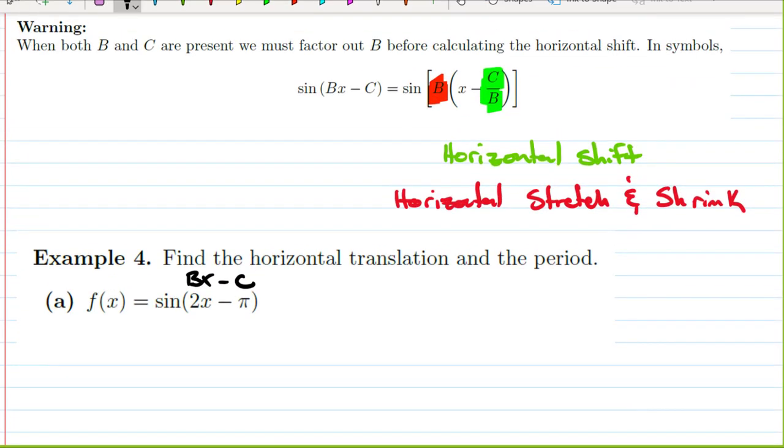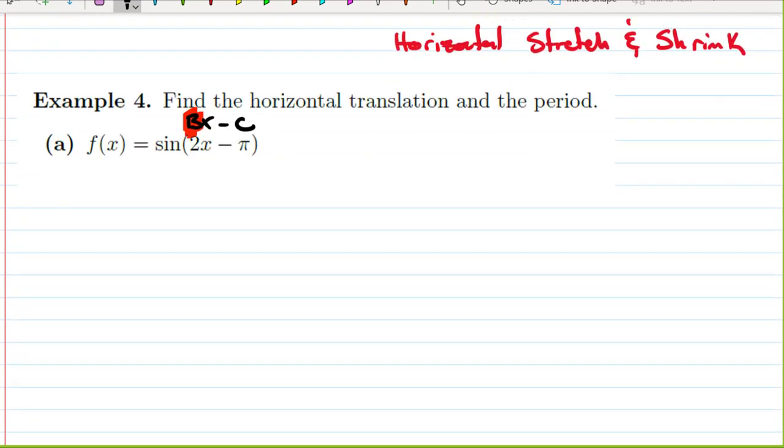My b value is going to be 2, so I need to factor a 2 out of each of these. That's going to be sine, and I have my 2 and my x, but now the pi doesn't have a 2. But if I want, I can always write any number as a fraction by putting it over 1.